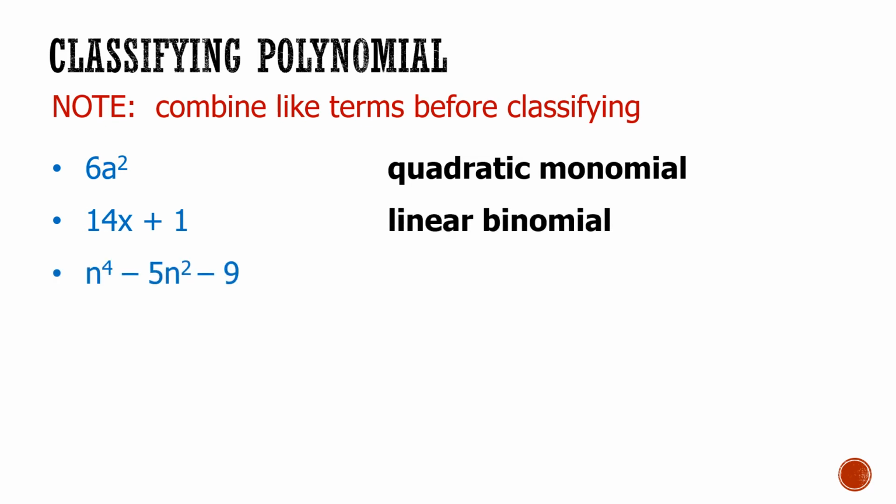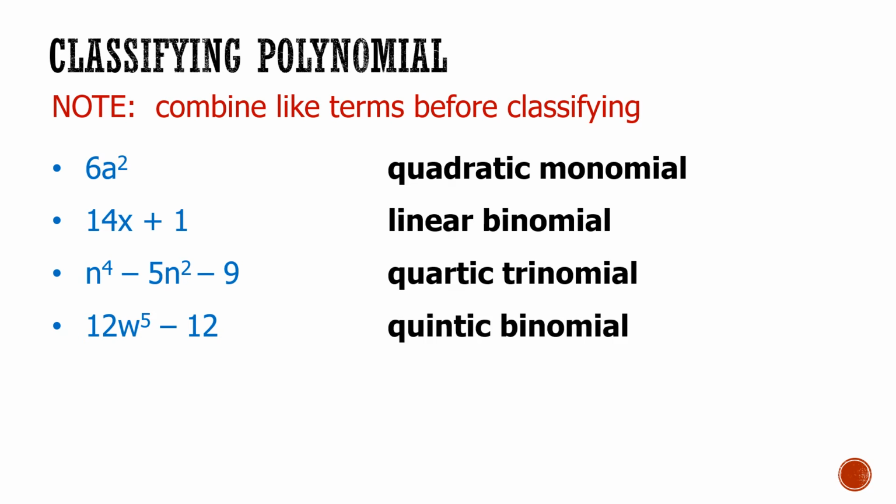n to the fourth minus 5n squared minus 9. n to the fourth means this is a quartic, and with the three terms, trinomial. 12w to the fifth minus 12, this would be a quintic binomial. y cubed plus 3y cubed plus 5y cubed. Before I continue on, I have to remember these are all like terms, and I should combine them.